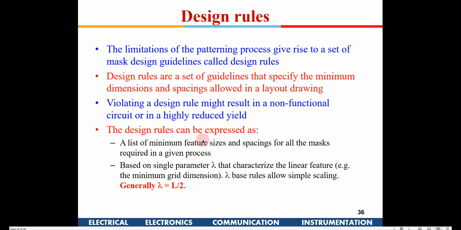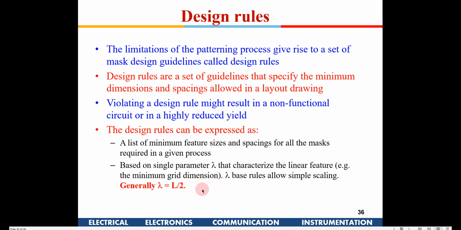Certain rules are set. If you follow these rules, it will ensure that your final device will be free from fabrication errors. If you don't follow these rules, there could be a possibility that your final design may not work at all. There could be unwanted connections made here and there.